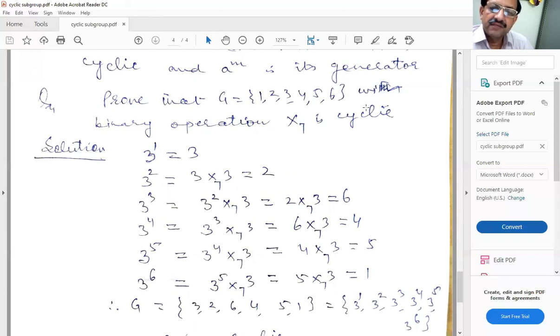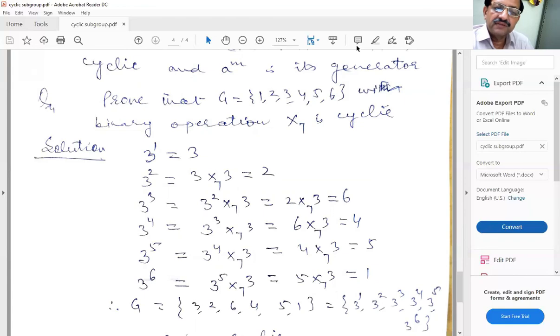So 6 multiply 3, that is 18. 18 divided by 7, so remainder is 4. 3 raised to power 5 is equal to 3 raised to power 4 multiply 3 divided by 7. 3 raised to power 4 value is 4. So 4 multiply 3, that is 12 divided by 7, the remainder is 5.